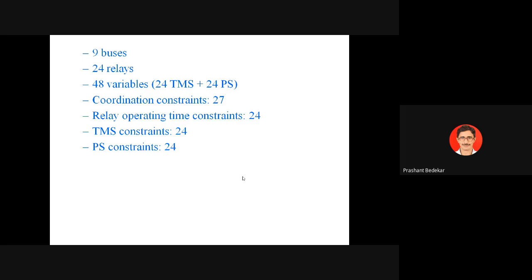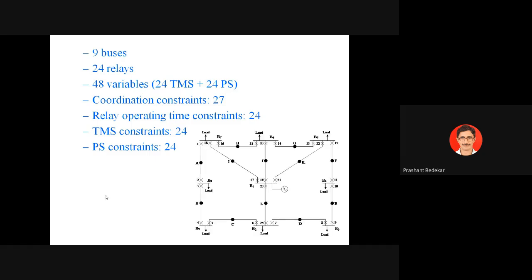There are 27 primary backup combinations. If you write the problem properly, thinking about the primary backup relationship, there are 27 coordination constraints, 24 operating time constraints, 24 TMS constraints, and 24 plug setting constraints in this particular system.